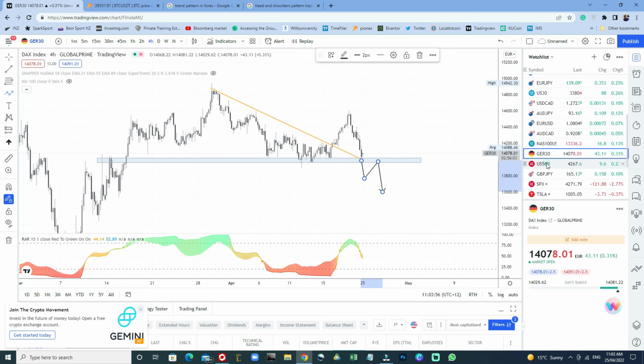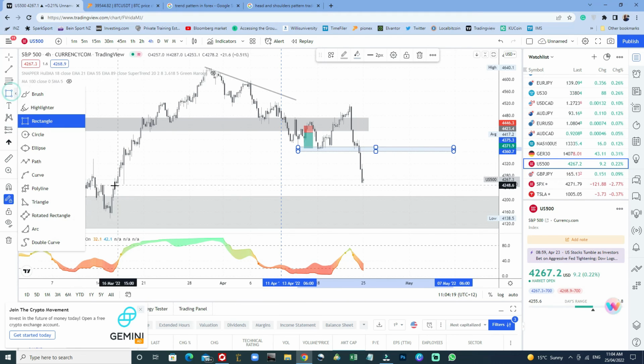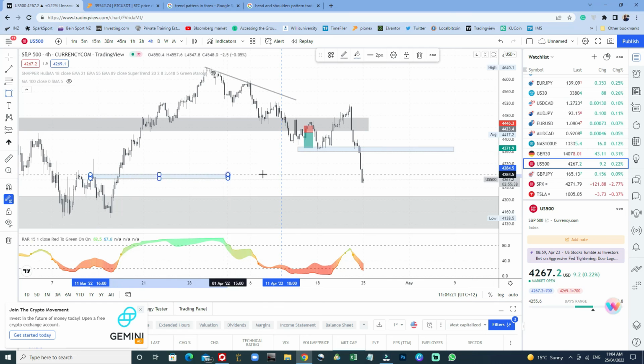Let's just take another pair. US500. US500 is already on the sell trend. So what we want to do is draw a structure. This is something here. So on the same trade, I would prefer to draw something here.